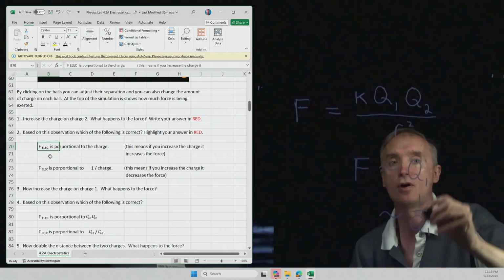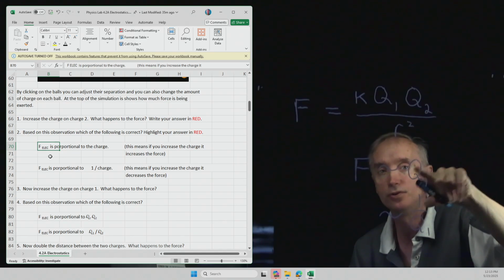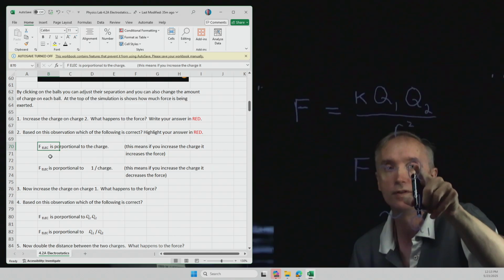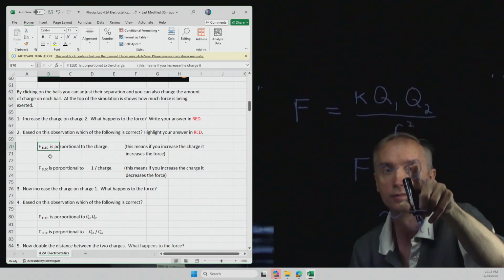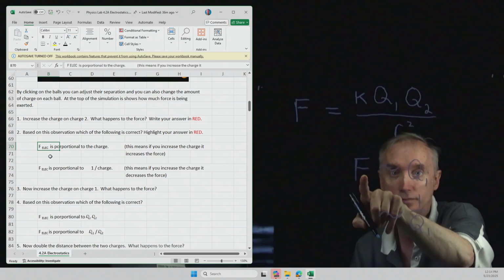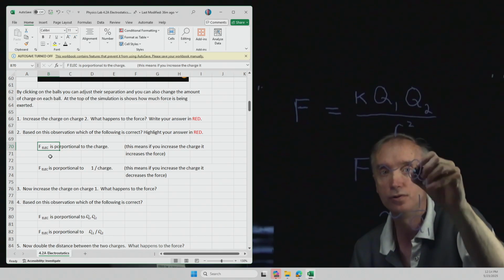Okay, so on this one, you notice that the Q is in the numerator of the formula. So if this number gets bigger, then this number will get bigger. So let's say that I double Q1.